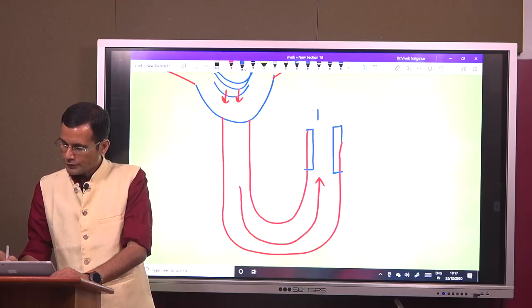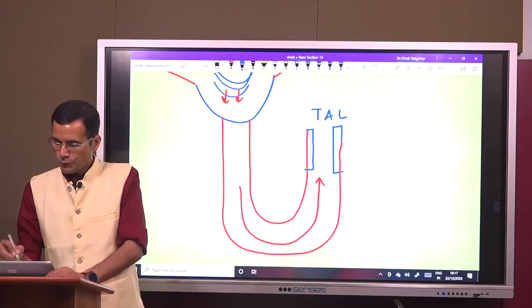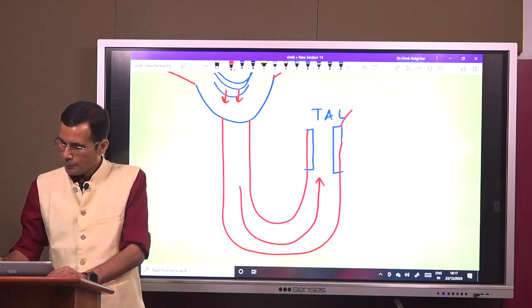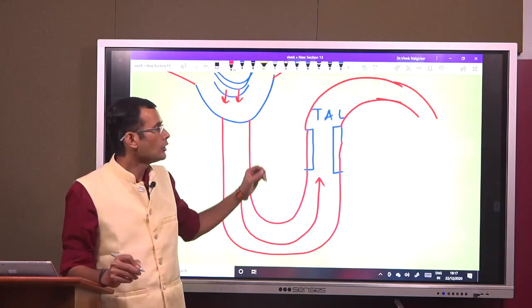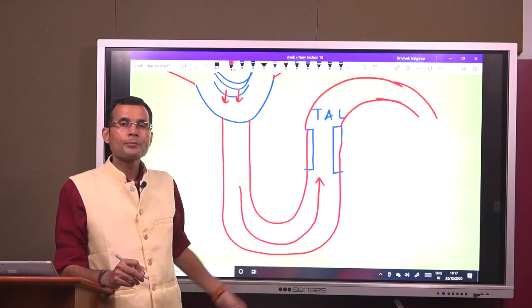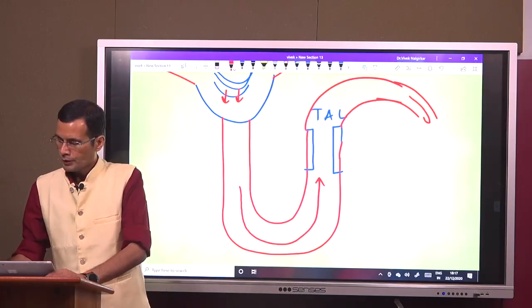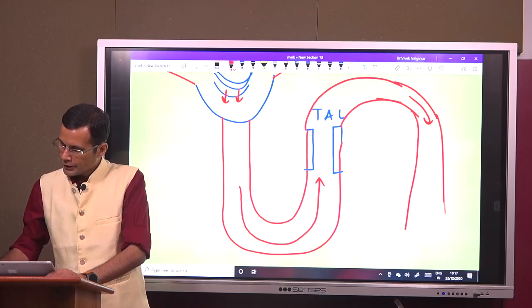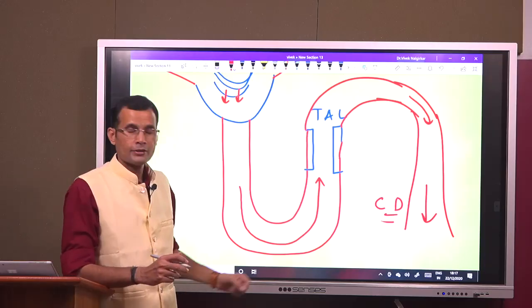That will be called the thick ascending limb of the loop of Henle, which will then lead to the distal part of the nephron. Now the distal nephron starts. So distal convoluted tubule, and then a connecting tubule, which will then finally lead into the collecting duct.